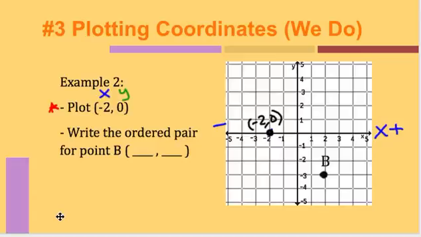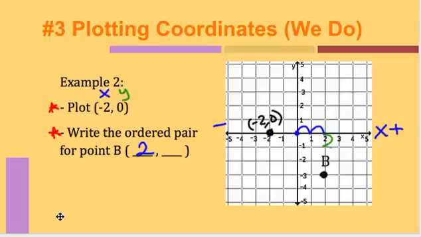Fantastic. Now the next thing it asks me to do is to write the ordered pair for point B. For point B, again, I will start with the middle, and then I want to move to point B. Now I see point B moving to my right and then down. So I'm going to move with my x-axis. I lined it up with B, so that's going to be a positive 2. Remember, the right side is the positive side, and I move 2 spaces.